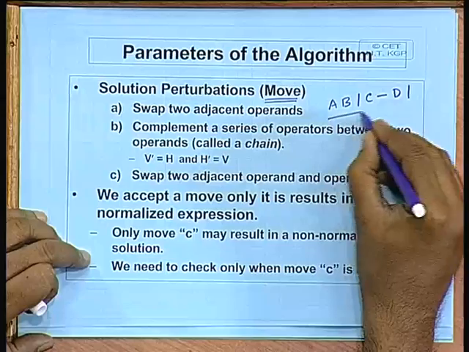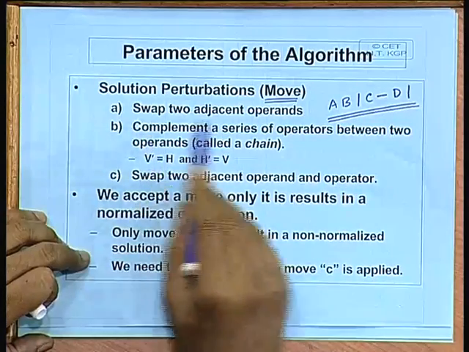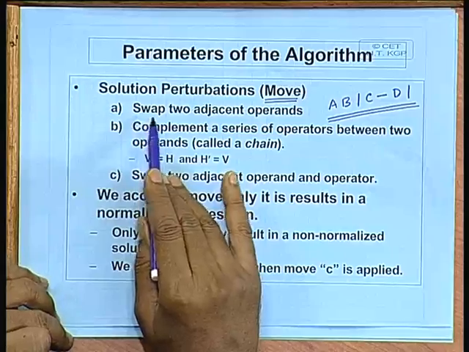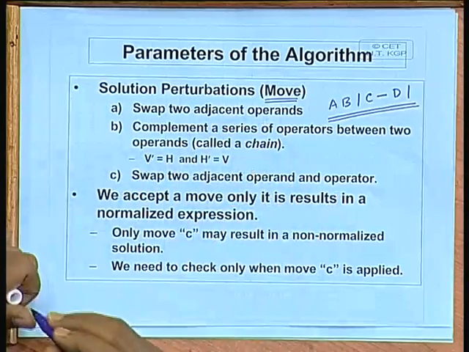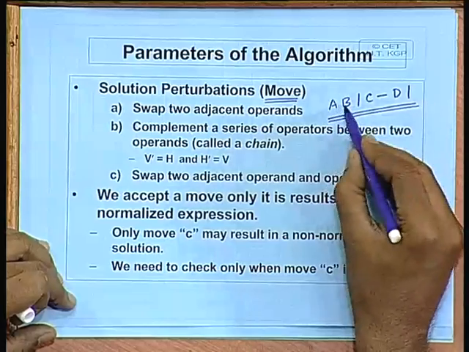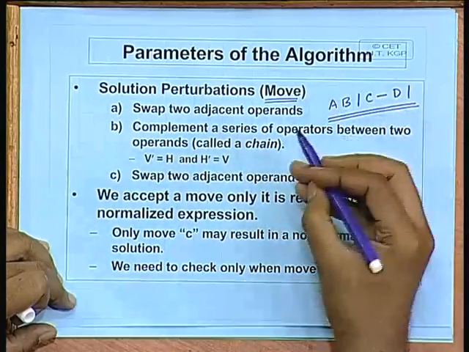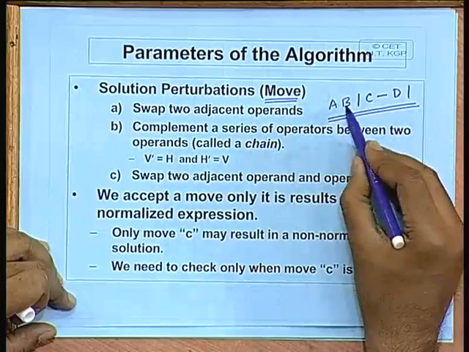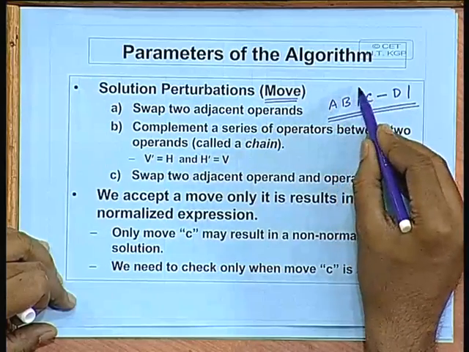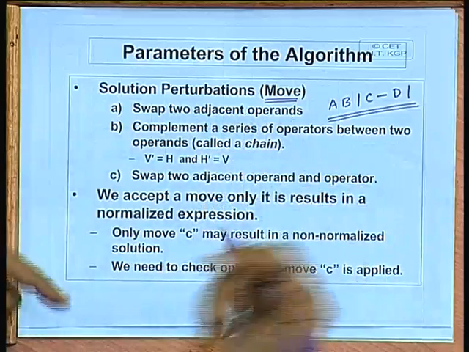Suppose this is an example postfix notation. The first one says that you swap any two adjacent operands. In terms of the expression, you take any two operands, say A B or B C or C D, and simply swap them. So, for example, if you swap B and C, it will become A C vertical B. So, the first one simply exchanges two operands.